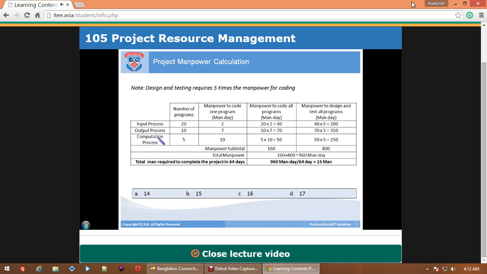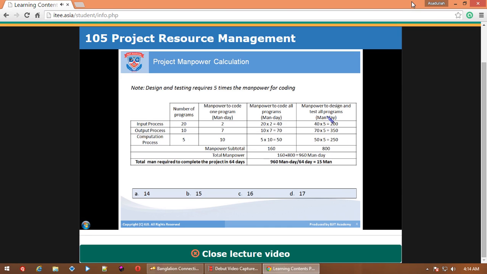For the computation process, we have 5 programs and 10 man days needed to code one program. So to code all the programs, we need 5 into 10, that is 50 man days. And for design and testing, we need 50 into 5, that is 250 man days. So for coding, we need in total 40 plus 70 plus 50 equals 160 man days.